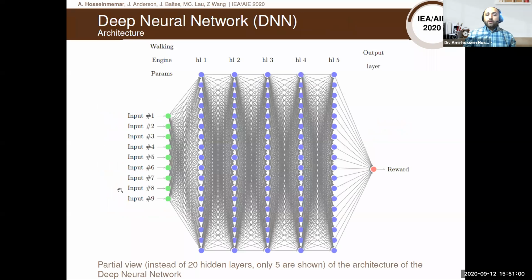And we have 20 hidden layers, but because of space limitations, we just demonstrate 5 of them. At the end, we have a reward that is given to that particular action that the robot took. And based on that, the robot tries to fix its next step.